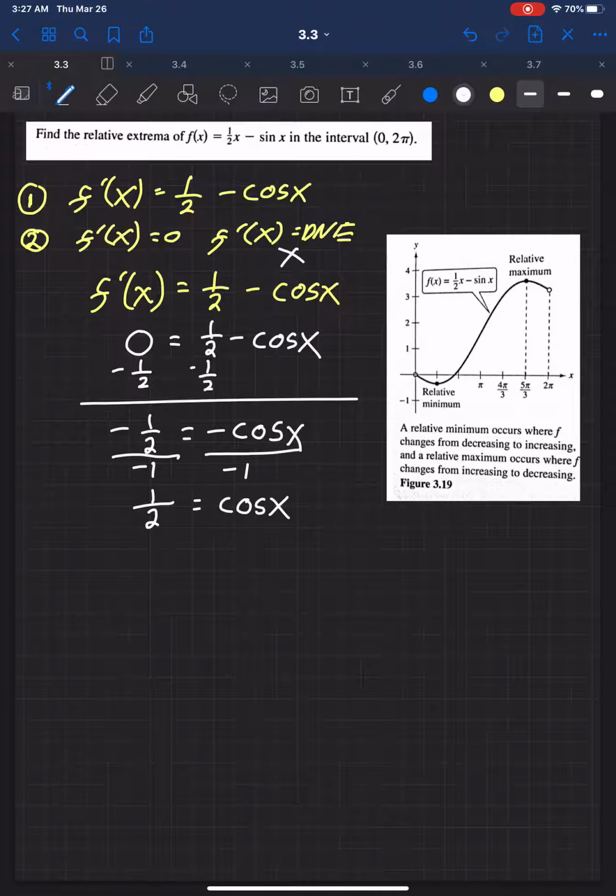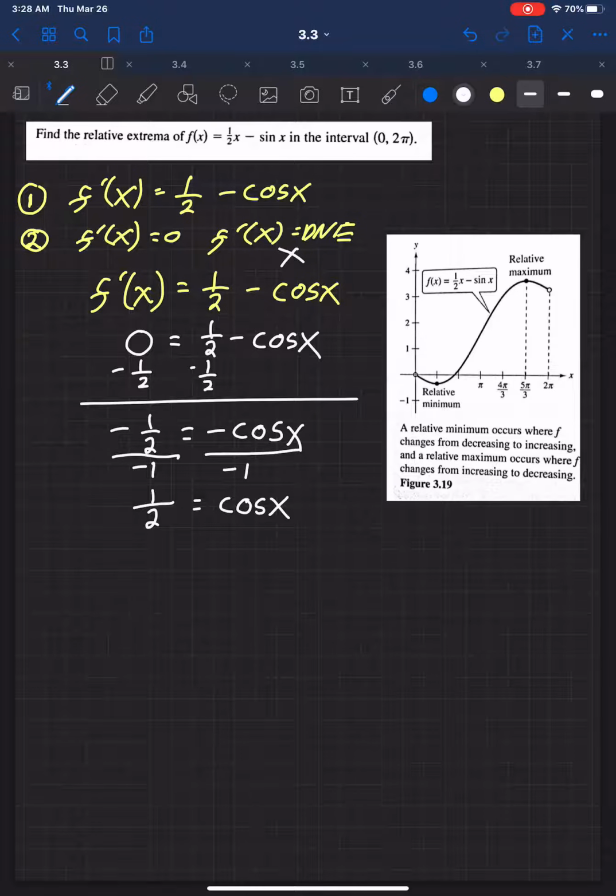And now the question that you're asking yourself is what x values, right? In other words, what angles, what radian angles will, when placed into cosine, give a value of 1/2. All right, now how do you do that? Well, you have to look at your unit circle, or maybe you have placed certain parts of that unit circle to memory.